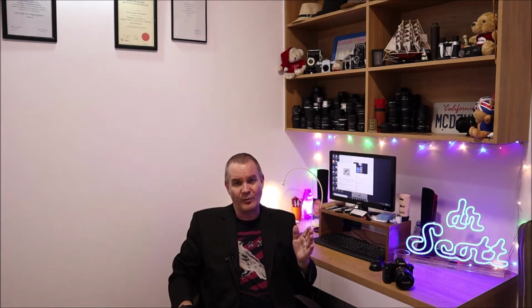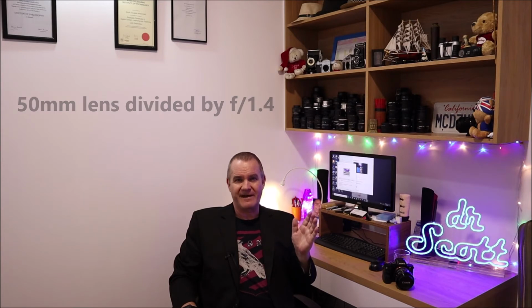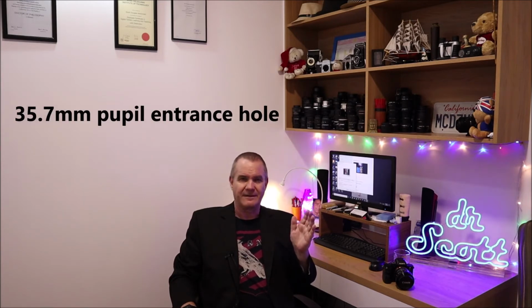Now, if you take that focal length and look at the f-stop, as an example, if it's a 50 millimeter f1.4, the way people explain it is you take that focal length, which is 50, and divide it by 1.4, and you end up with 35.7 millimeters.